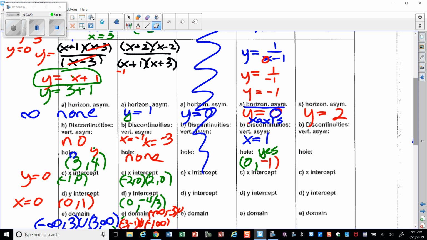So the x-intercept, there would be none. The y-intercept is where x is 0, and that's actually where the hole is. When x is 0, y is negative 1, and so that is the hole. So we'll say there's none there either. There's no y-intercept because that's the hole.